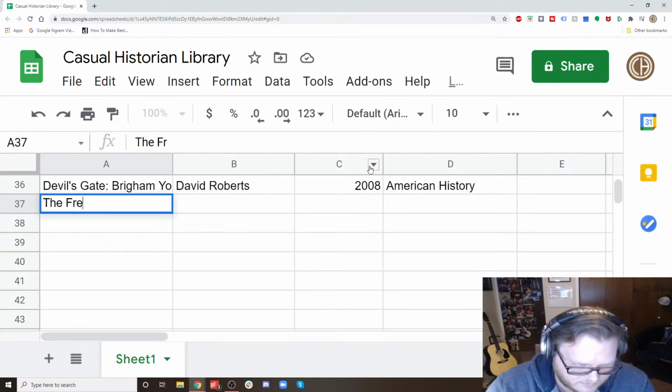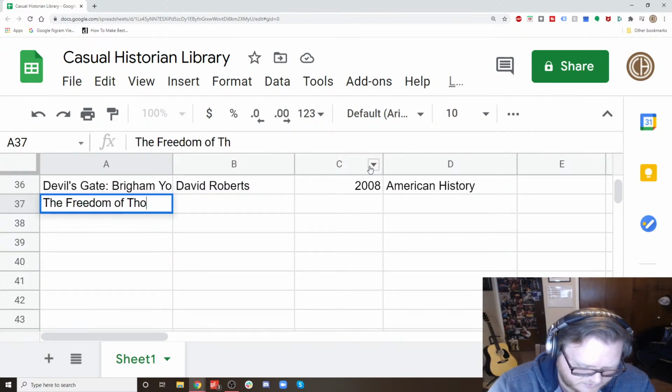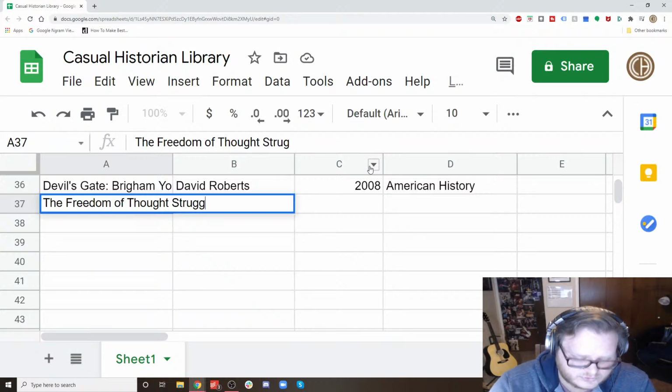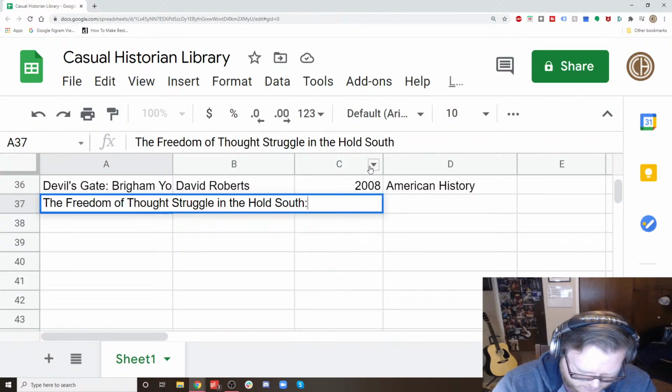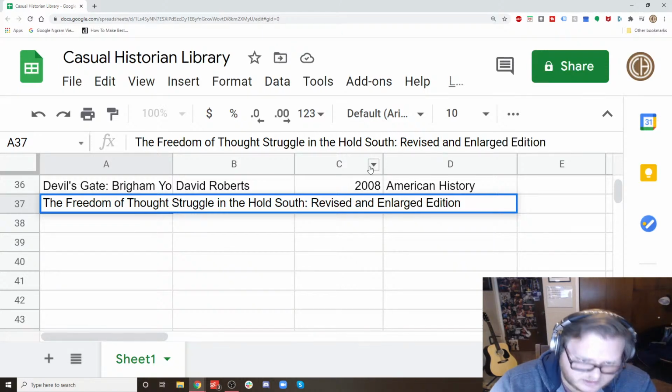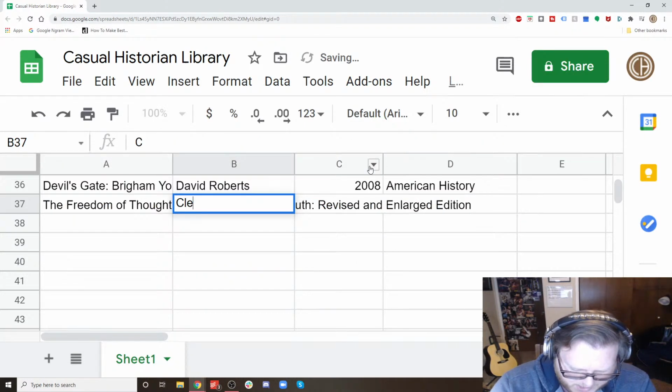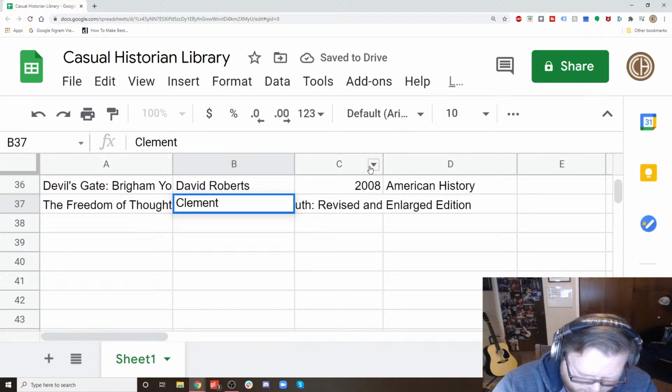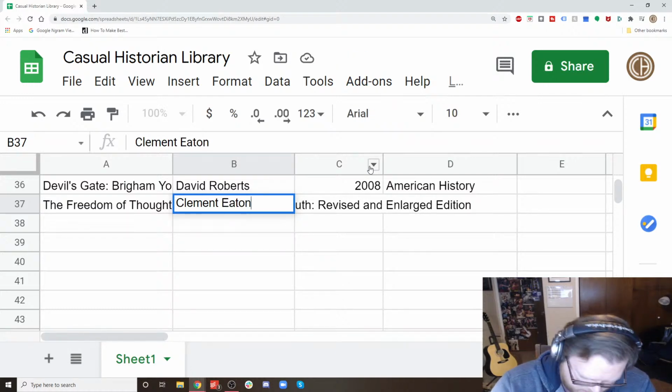And the Freedom of Thought Struggle in the Old South, revised and enlarged edition by Clement Eaton.